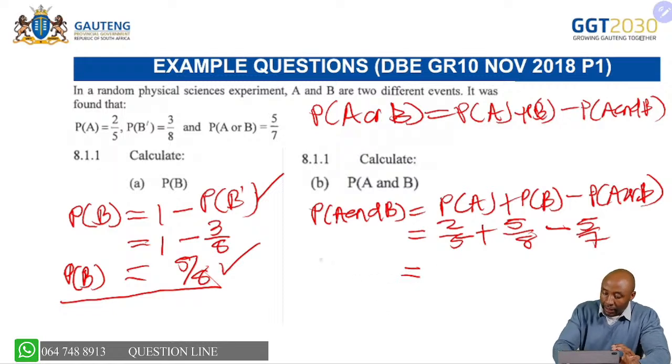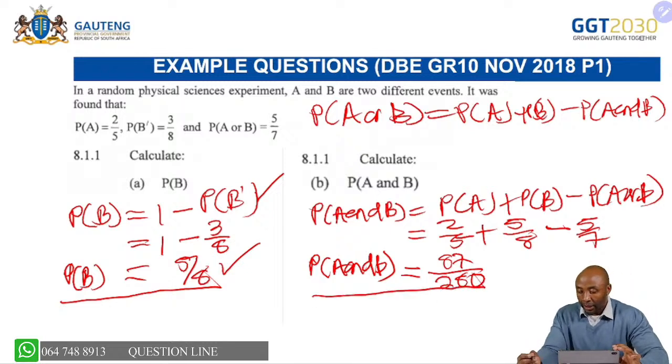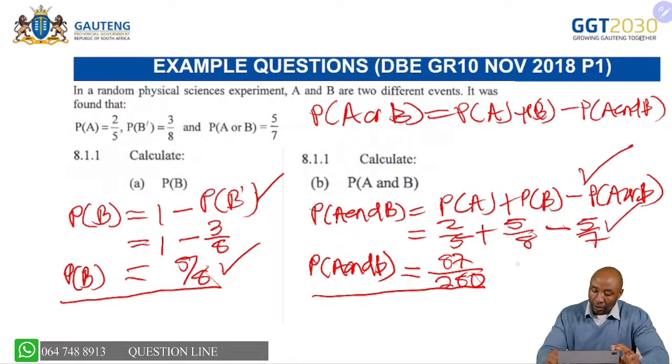And that should give us the probability of A and B will be given by, if we do our subtraction, we should get 87 over 280. So that will be our answer. This question was allocated 3 marks. Using the equation, substitution, and answer, we get our 3 marks there. We move on to the next question.